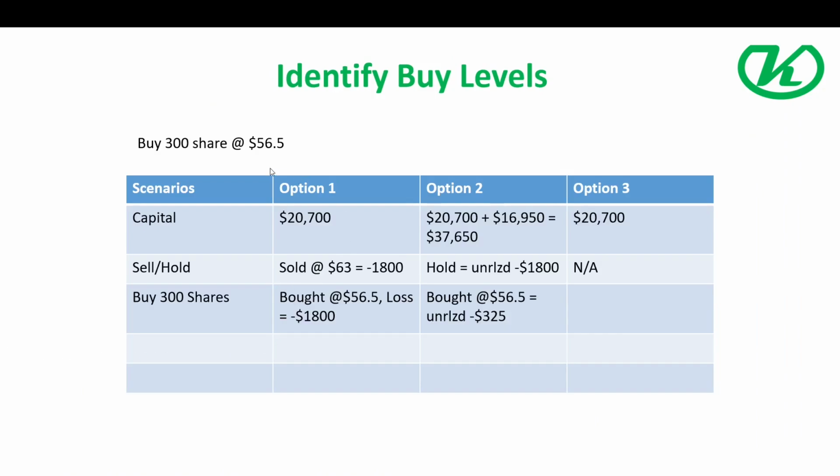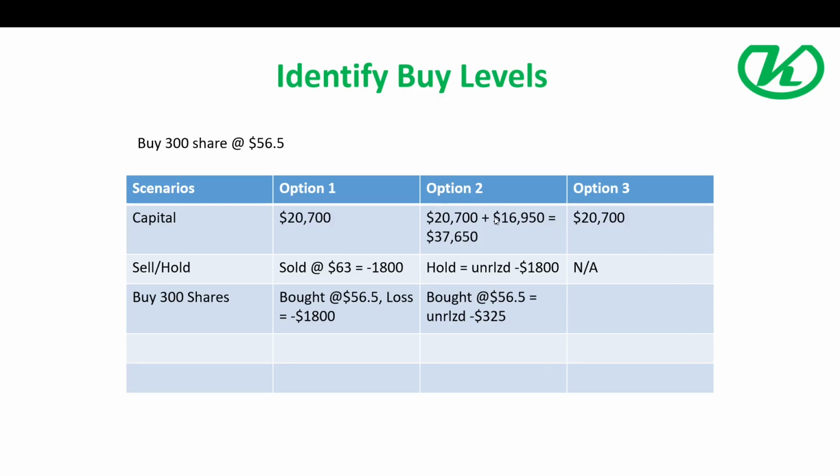So this is the plan that I'm sharing with you. We buy 300 shares at $56.50. We'll look at how the daily price chart comes close to our price point. But what I'm sharing is our plan is to buy 300 shares at $56.50, and we will still have a loss of $1,800 because we sold our stocks.